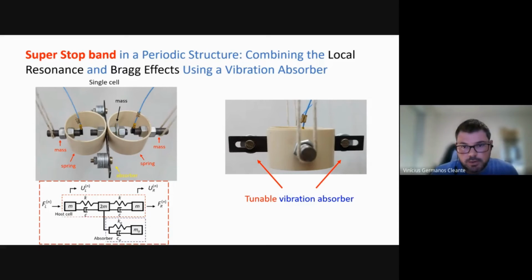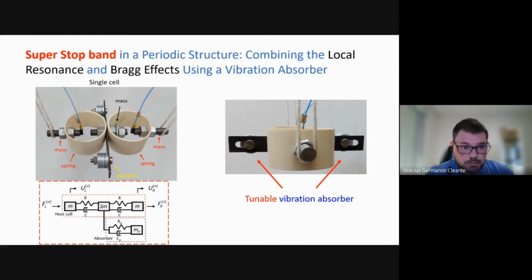So when we can correctly tune the absorber to the structure, we can break the behavior of the two internal bounding frequencies. So they are no longer a bounding frequency, and we can have this very nice super stop band.